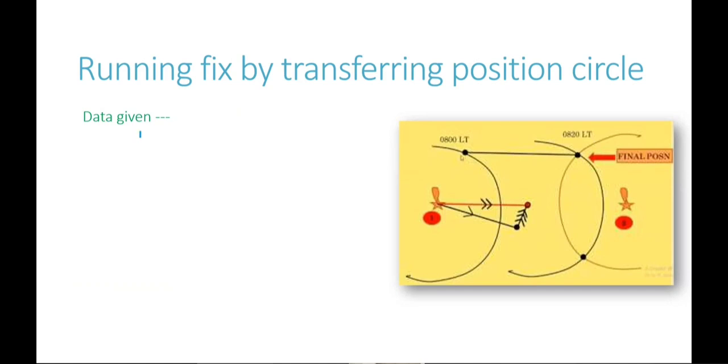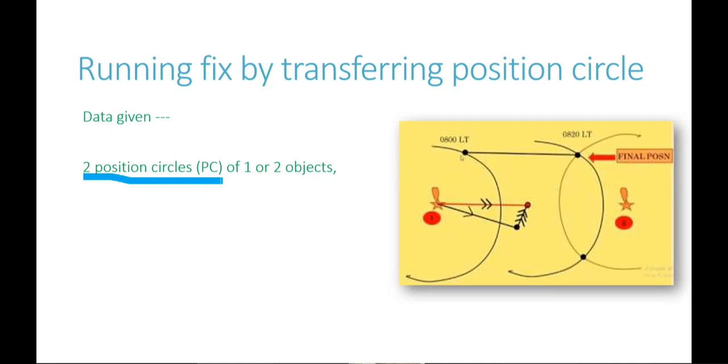So the data which is given to us in this question, they will give us data to draw two position circles. Now in second mates level, they sometimes straight away give you the radius. They will tell you that this point was observed in radar and this was so many miles off. So they can easily plot the position circle. In phase one, they will not give you the radius straight away.